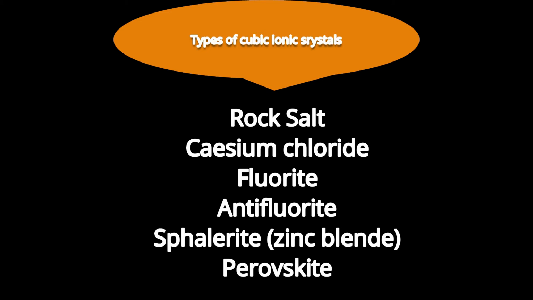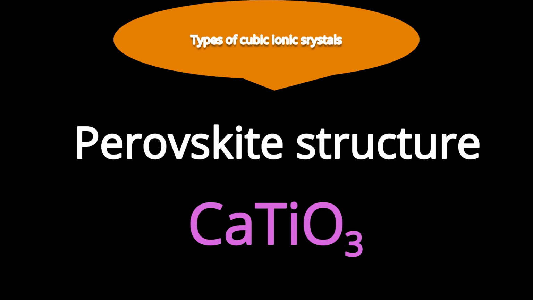Number two, cesium chloride. Number three, fluorite. Number four, antifluorite. Number five, sphalerite, of course, it is zinc blende. Number six, perovskite structure. In this part, one interesting structure we are going to study, that's a perovskite structure.